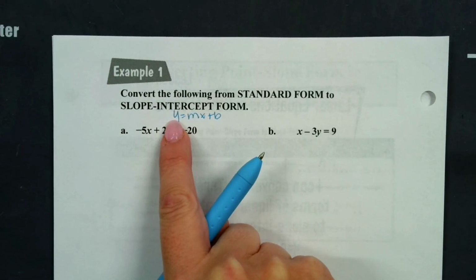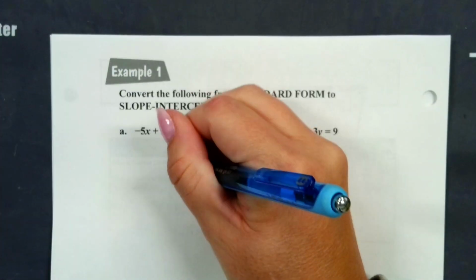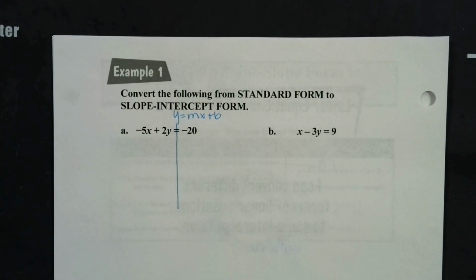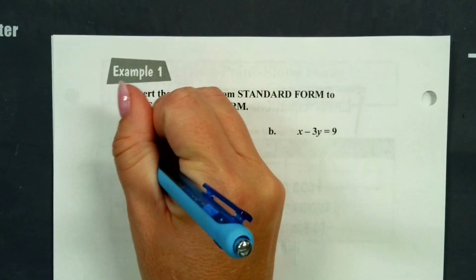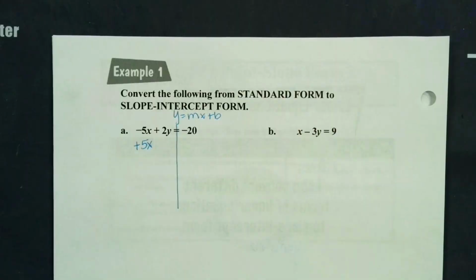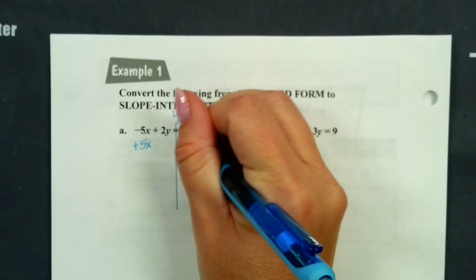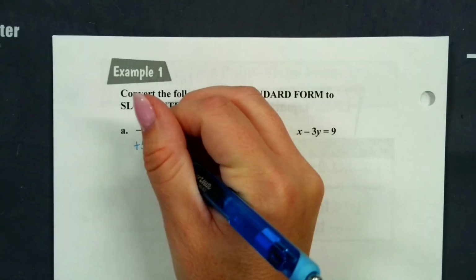We want to get y on a side by itself. So to do that, we're going to start balancing. This is why we did Unit 1 first, the equations. So we're going to add 5x to this side. Whatever I do to one side, I have to do it to the other. So I'm going to add 5x over here.